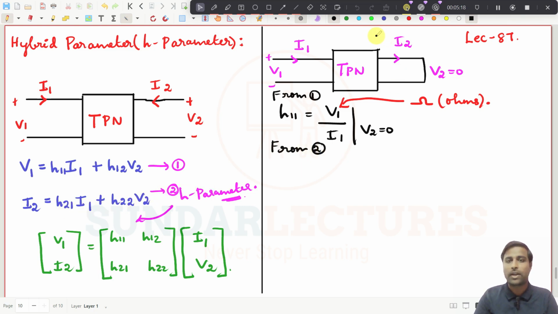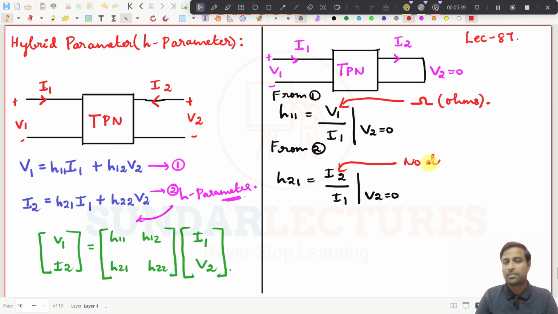You will get H21. H21 will be I2 divided by I1 with respect to V2 equal to 0. And you see this parameter H21, if both are amperes, then it has no dimension.